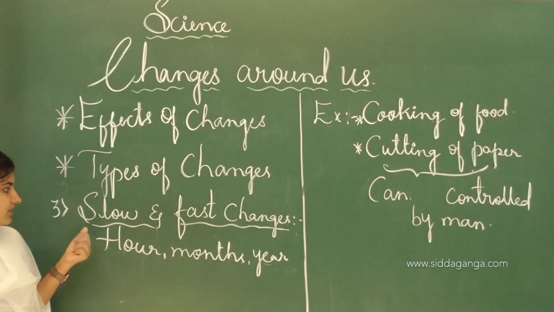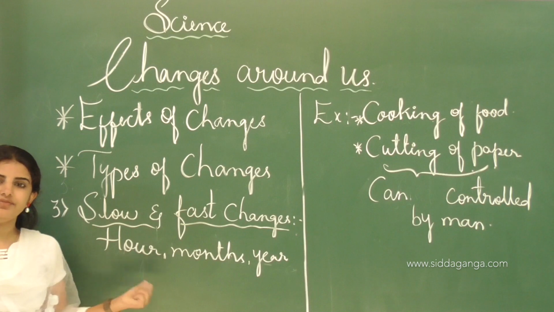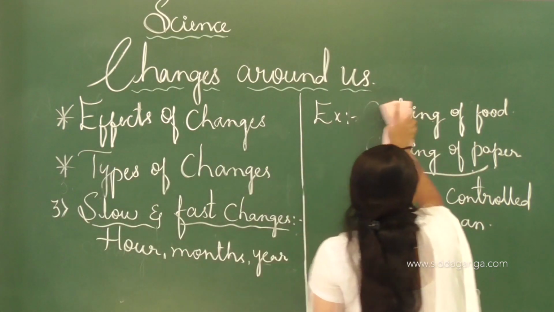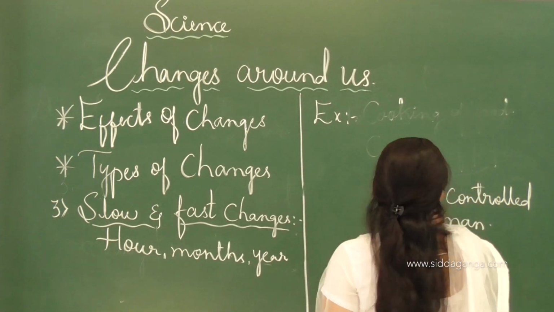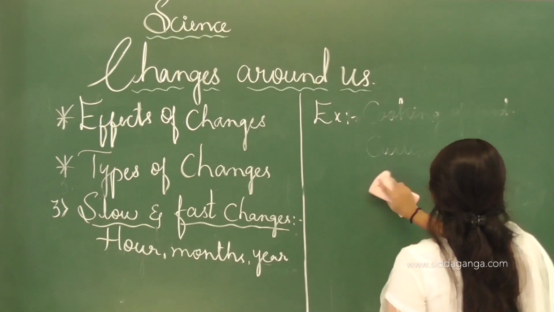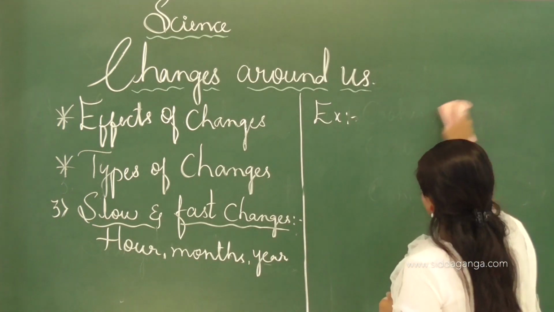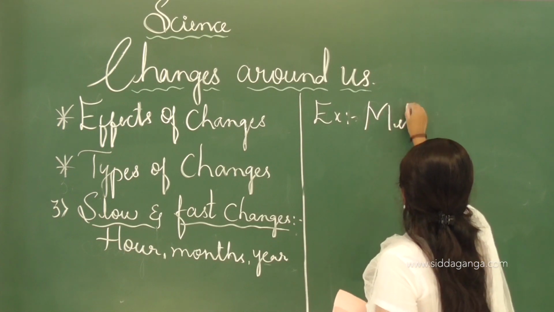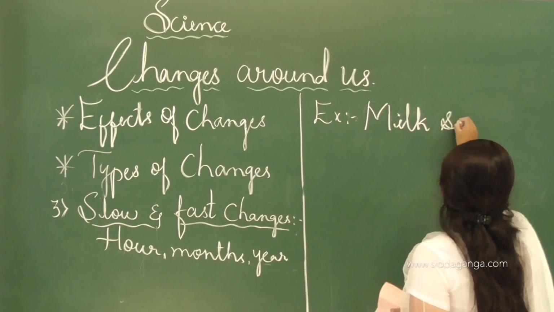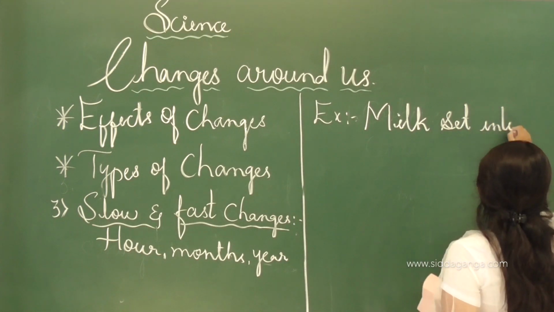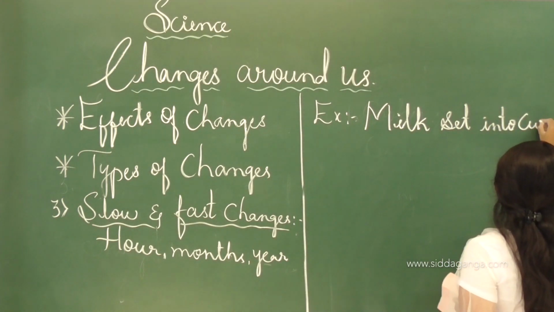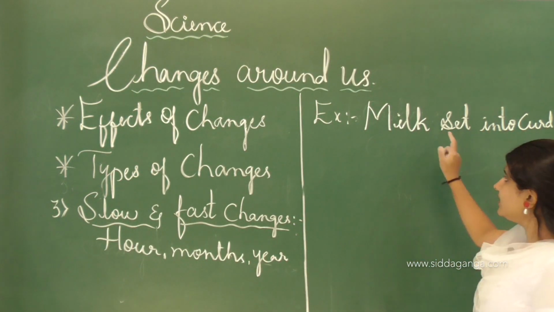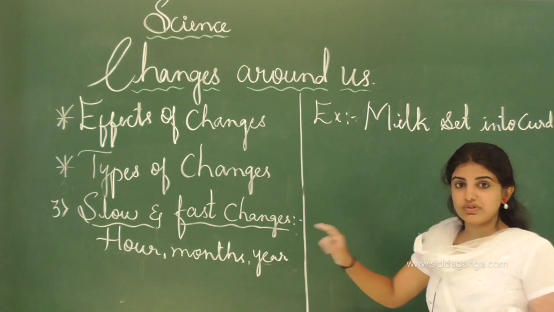These changes we call slow and fast changes. Examples for those changes are milk set into curd. It takes around 3 hours. See, this is an example of a slow change.